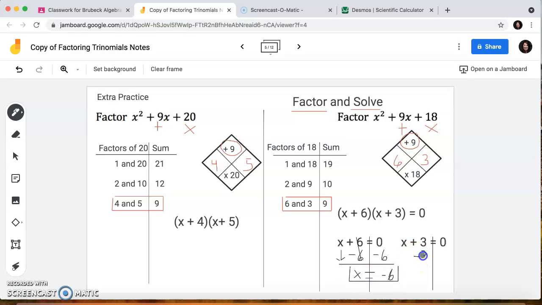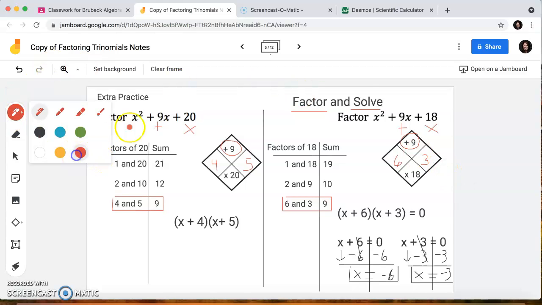You'd subtract 3 from both sides. When you do that, the 3's are going to cross out. You bring down your x, and you have x equals 0 minus 3, which is negative 3. And so your answer would be x equals negative 3. So your two answers would be x equals negative 6 and x equals negative 3. And you only need to do that if a problem says factor and solve. Make sure you have this written down on slide 5, and then you can turn it in.